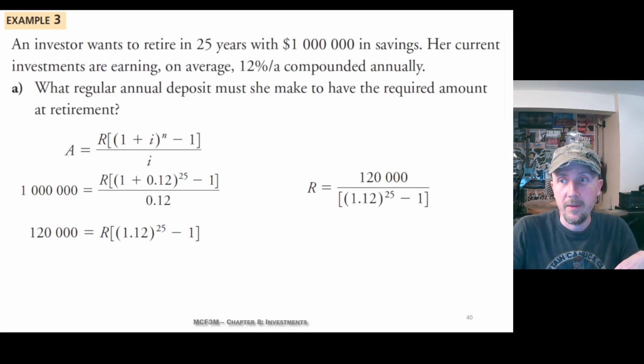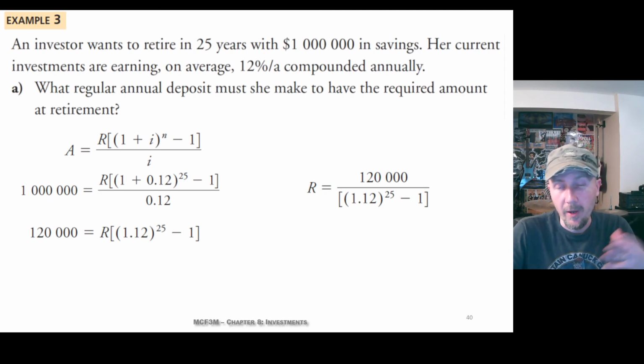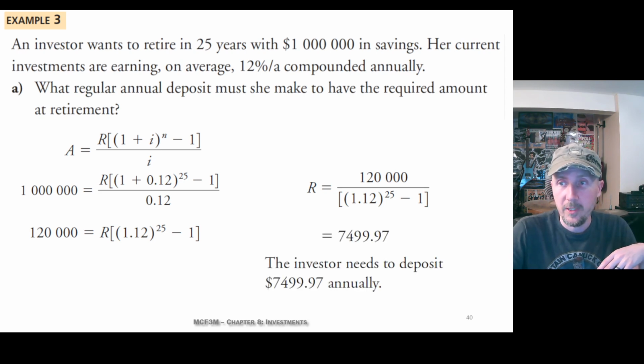Oh, they divided it first. You could always do 1.12 to the exponent 25, whatever that is, minus 1, and then divide both sides by that. They did it early, which is fine. You'd get the same thing, and you'd get something like that.